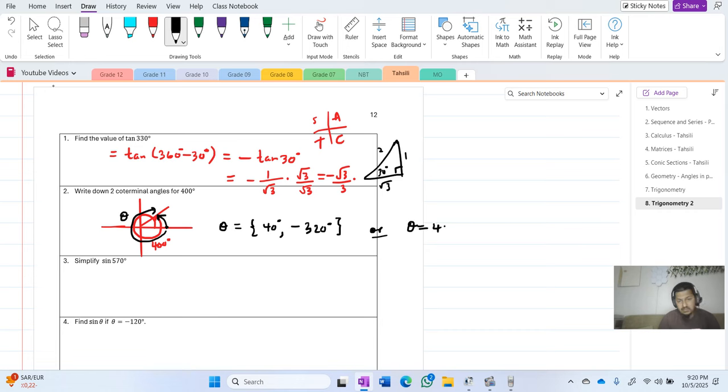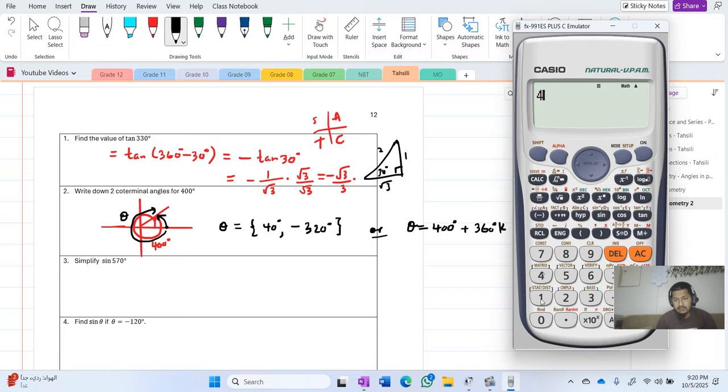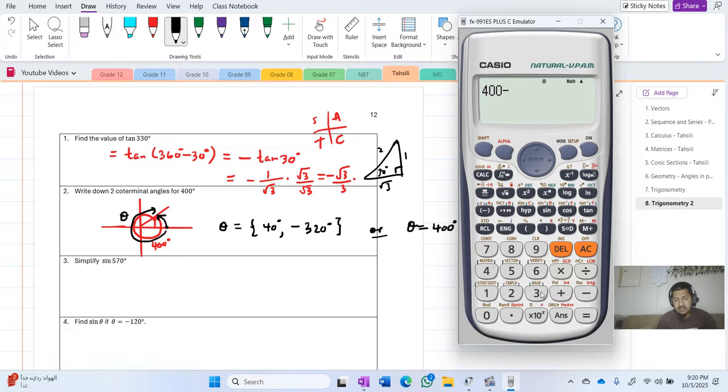You can clearly see when the value of k is negative 1, you're getting 400 minus 360, which is 40 degrees. When the value of k is negative 2, I will get negative 320. Let's check this out. So I need to say 400 plus 360 times negative 2. So I'm getting negative 320. I hope you guys are understanding. Moving on to the next question.